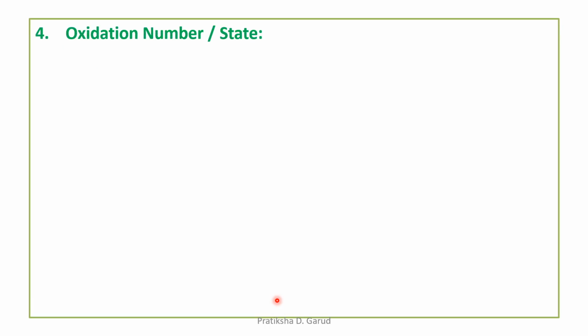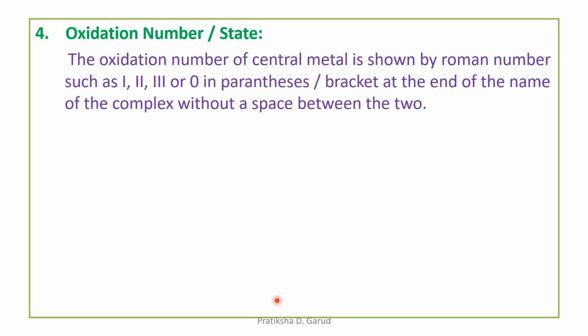Then the fourth rule is the oxidation number or the oxidation state. The oxidation number of the central metal atom or ion is shown by a Roman numeral such as 1, 2, 3 or 4, and it is put in brackets at the end of the name of the complex without any space between the two. So let us take an example.